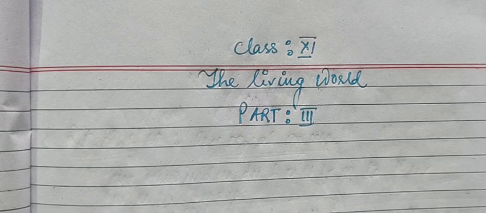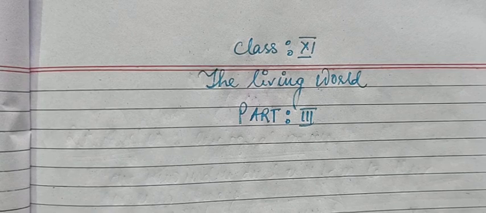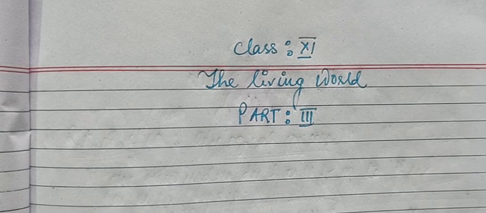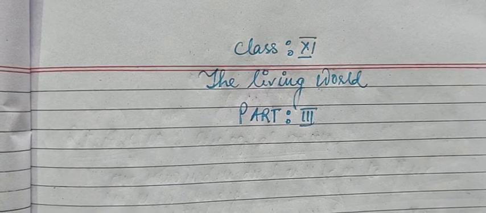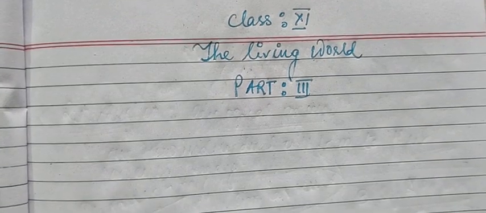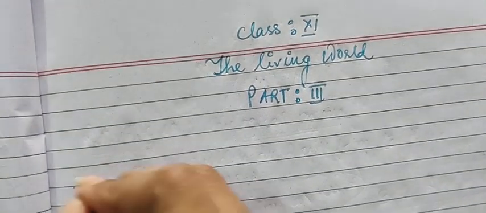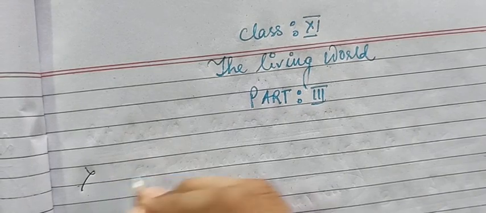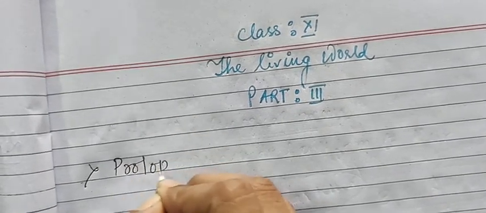In our last video we discussed a few salient features, and today we are going to end this, since we have already completed up to movements. So today we are going to discuss our next characteristic, protoplasm.